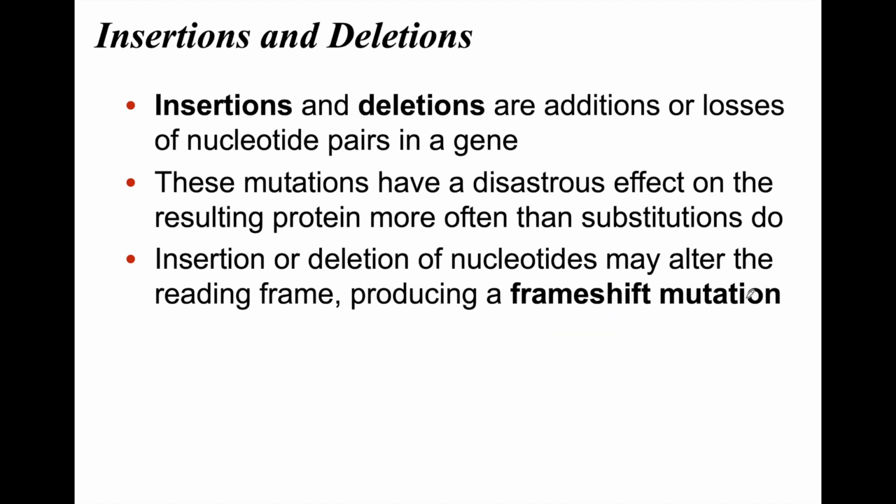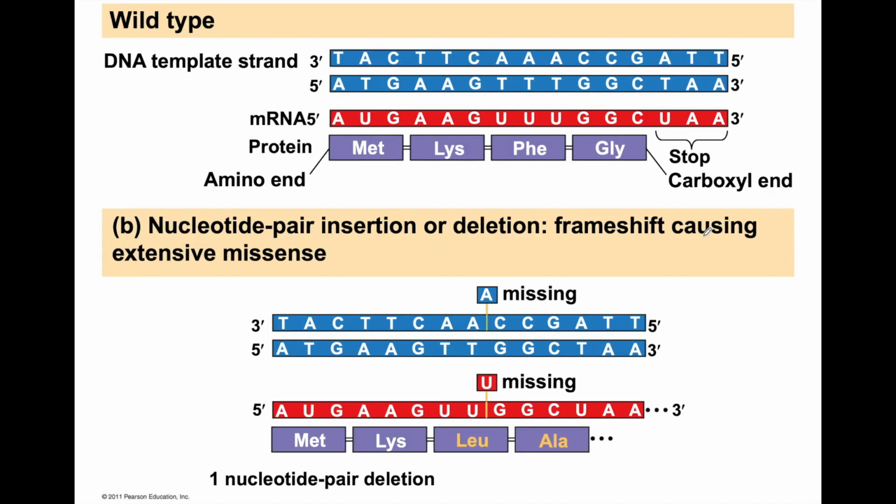A frame shift mutation happens when you add or remove one or two base pairs. Here's an example of that. We have a point mutation, a small change. This time the small change is a deletion, so we delete this base here. It's gone. That base was part of the codon UUU, which coded for phenylalanine.